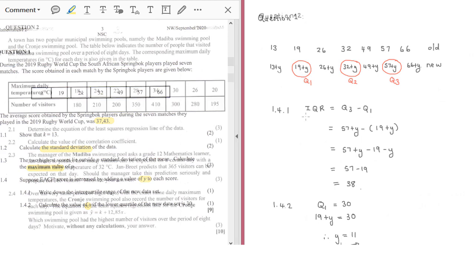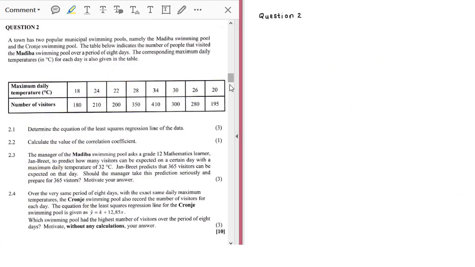Okay. All right, question number 2 is a whole story about two popular swimming pools in a municipal area. There is the Madiba swimming pool and then the Corion swimming pool, if I am pronouncing that correctly.